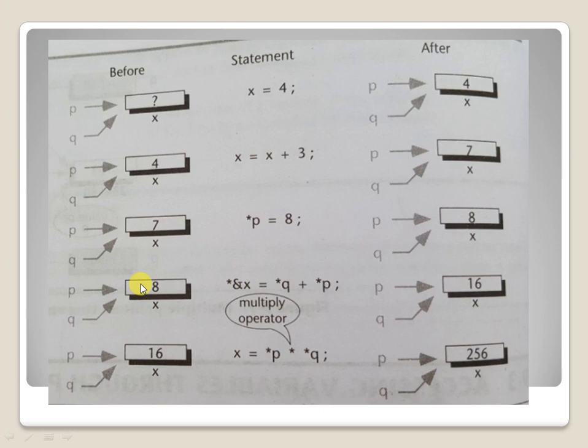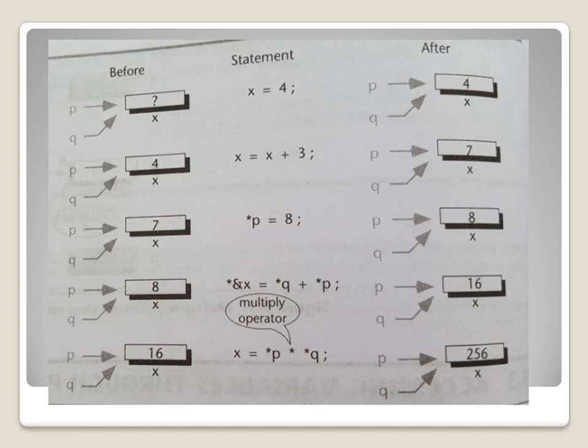Okay, so the fourth portion, since the last updation in x was 8, if you see it again, both these pointers are pointing here. And if you read this particular statement, we'll start from the right. Star p is the value, how you can access the value of a pointer.